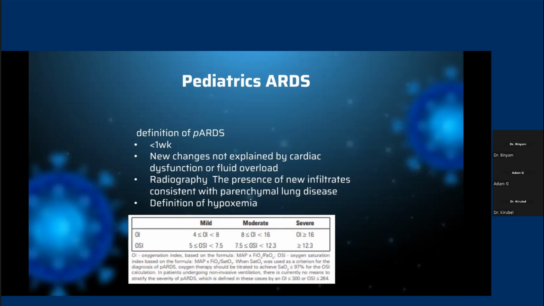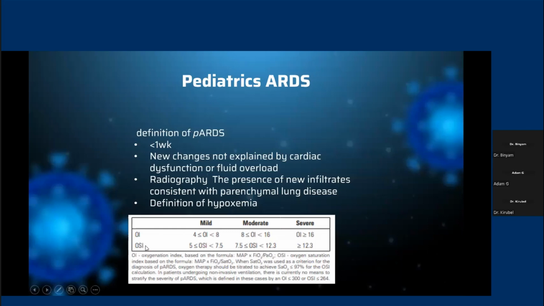They used these classifications: mild, moderate, and severe. And in our setup, oxygenation index, oxygen saturation index. Milder ones for oxygenation index between 4 and 8, moderate 8 to 16, more than 16 severe.